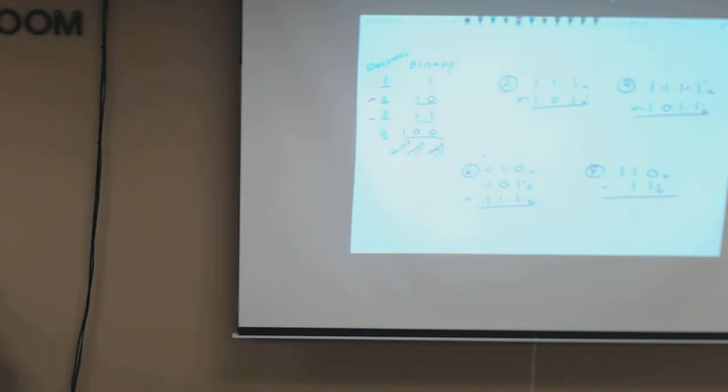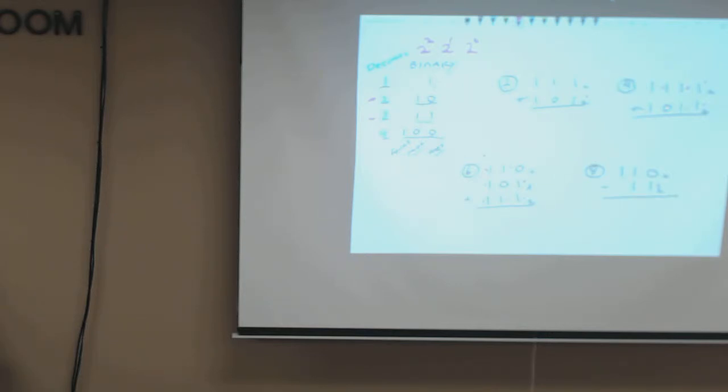Remember, binary is 2 to the 0, 2 to the 1, 2 squared. Place values for binary. So you have to have a chart because you don't have it in your head.